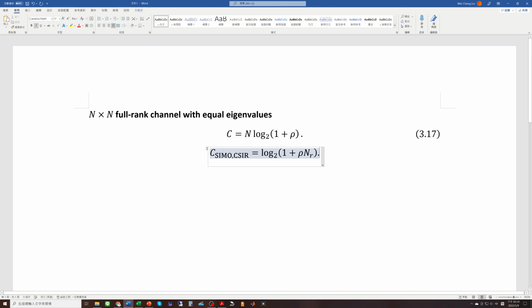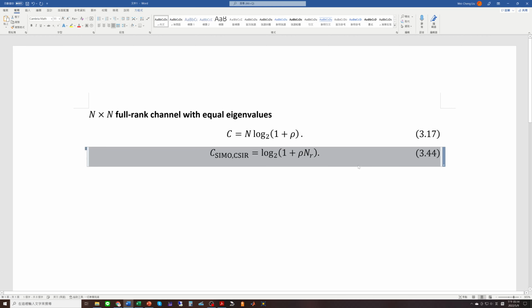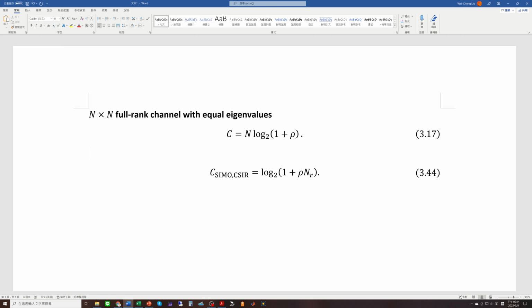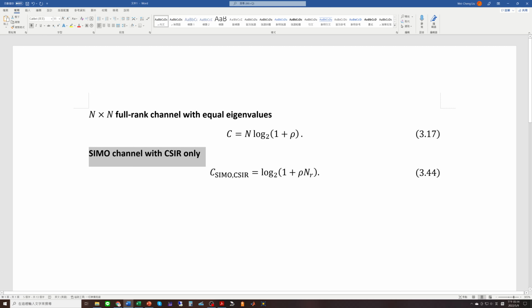This is equation 3.44. So this is the SIMO channel with CSIR only. Let's make this bold. So now we can compare these two equations.